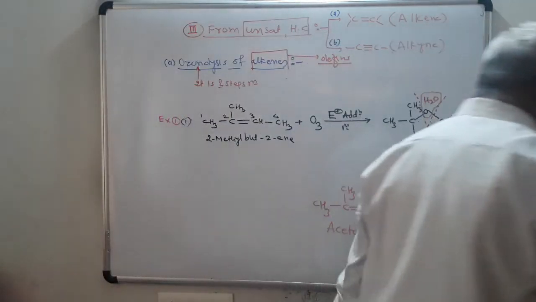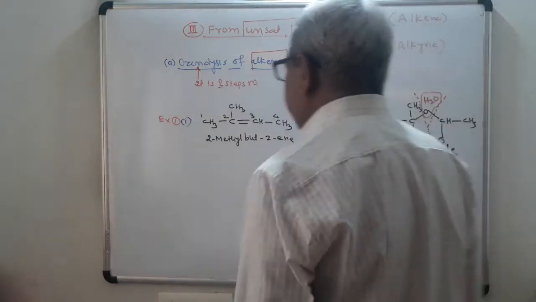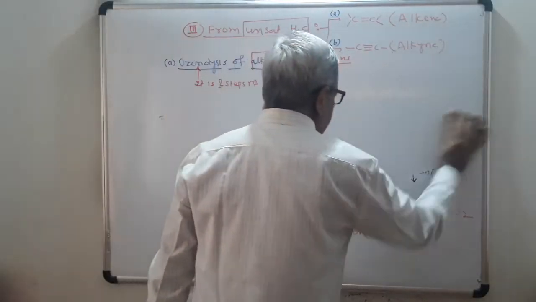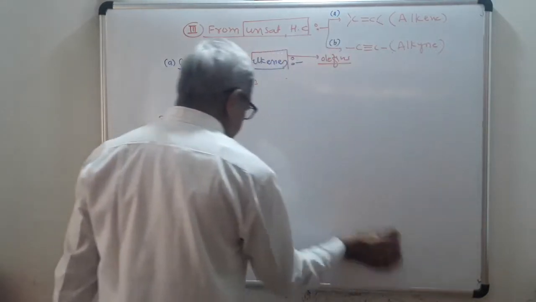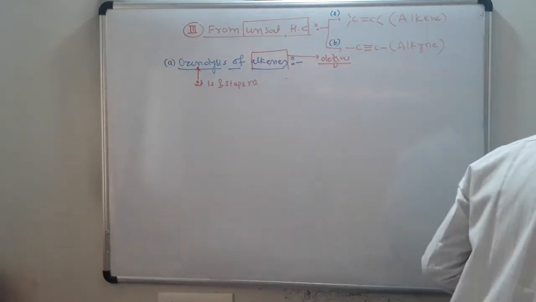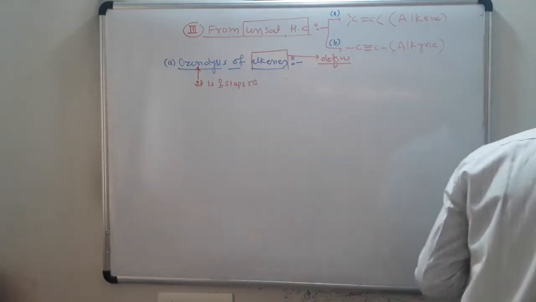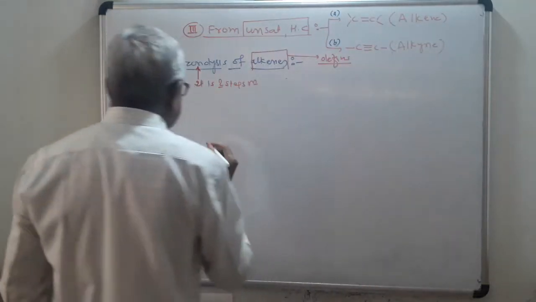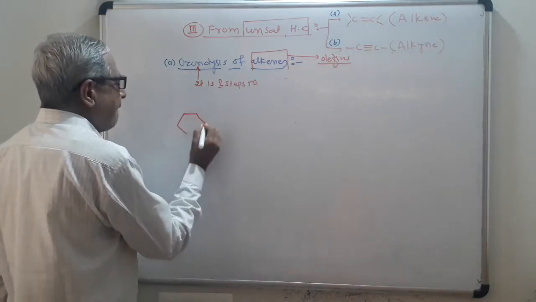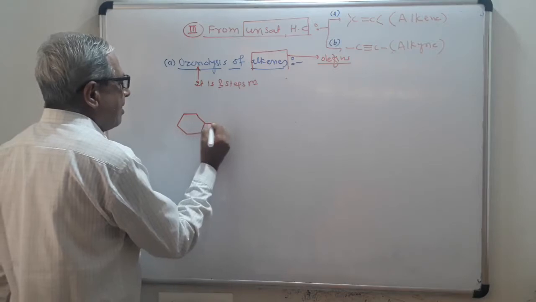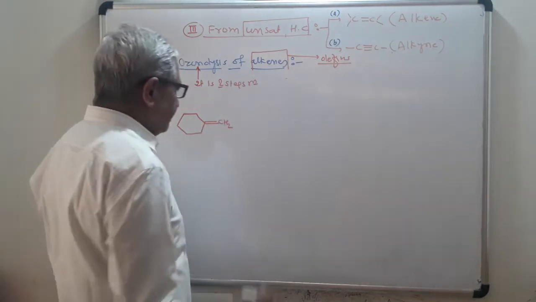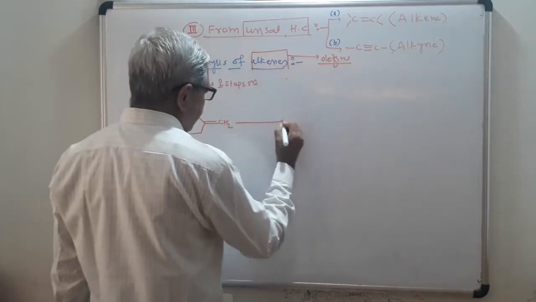Now I will set the question here, identify A and B. In the third example, I will modify this question. See, the question is here. This is methylene cyclohexane.